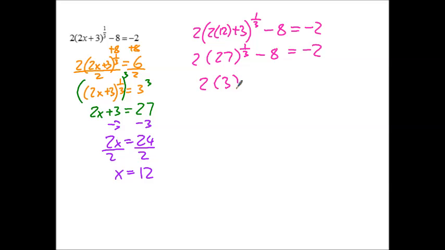So 2 times 3 minus 8 is equal to negative 2. 6 minus 8 is equal to negative 2. Negative 2 is equal to negative 2. Check. So this solution also checks out.